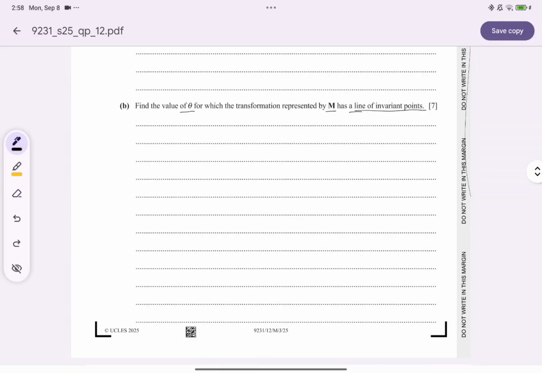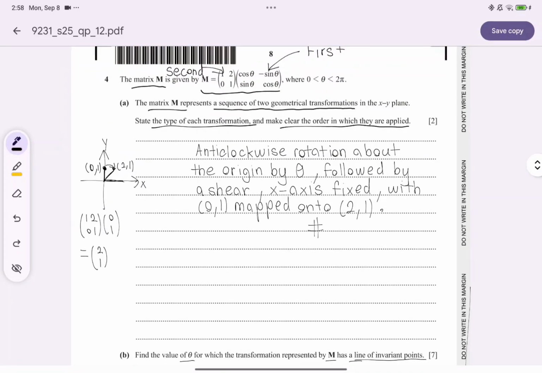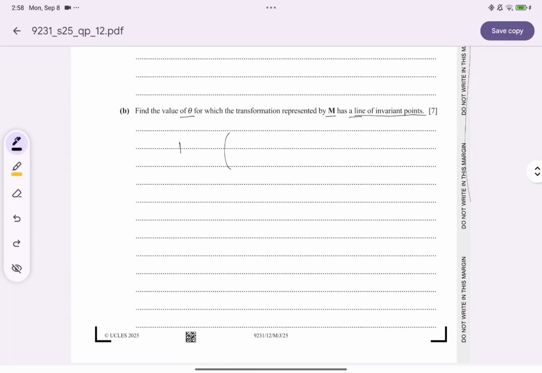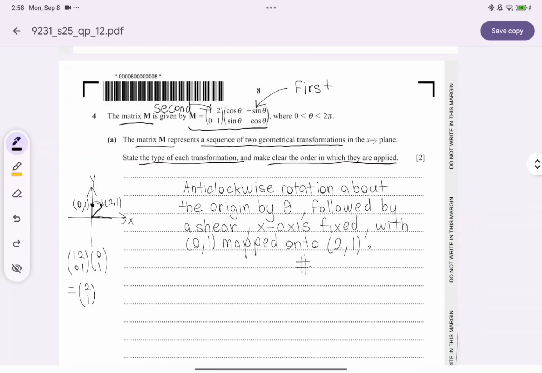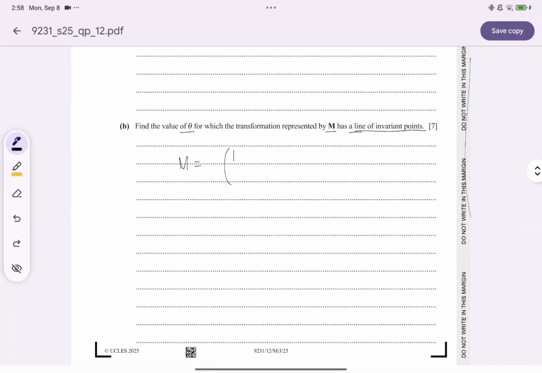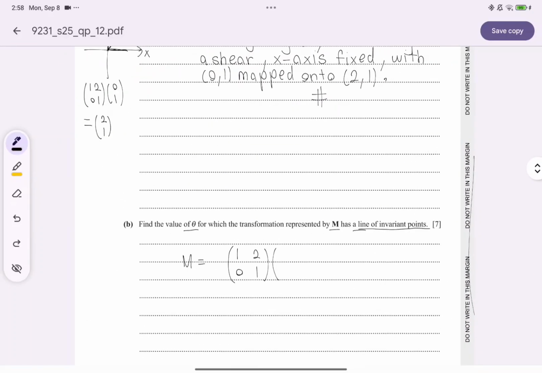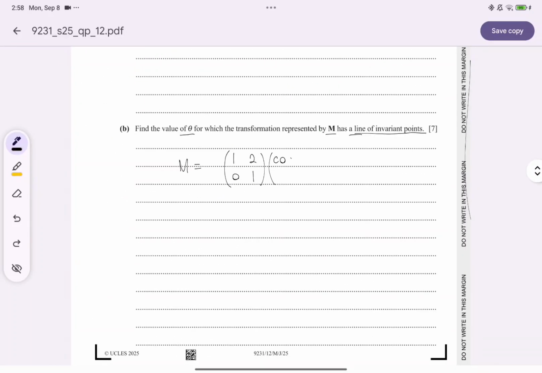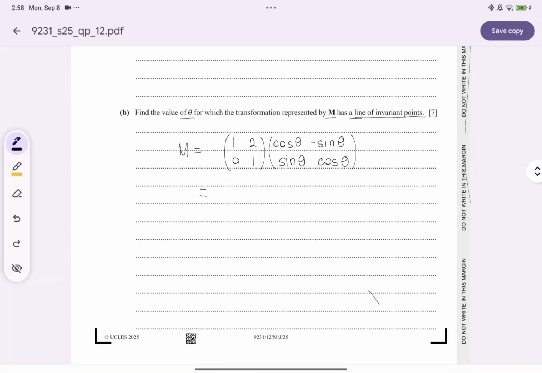So let's start. Let's write down the M. Let's first figure out what M is by multiplying. So M is 1, 2, 0, 1 times cosine theta, minus sine theta, sine theta, cosine theta. To multiply matrices, we first have to see the number of columns and rows.